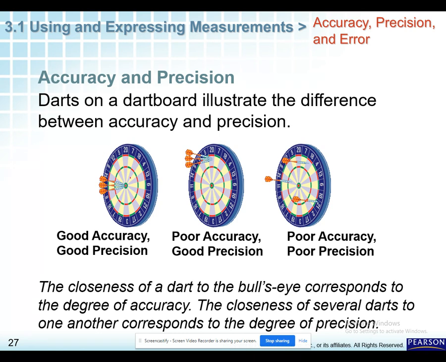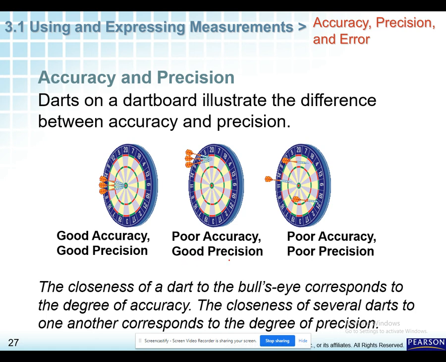So let's look at this first dartboard. I have good accuracy because I've hit the bullseye, or I'm really close to it. I also have good precision because all of those darts are really, really close together. Over here, I have poor accuracy because I am nowhere near that bullseye.